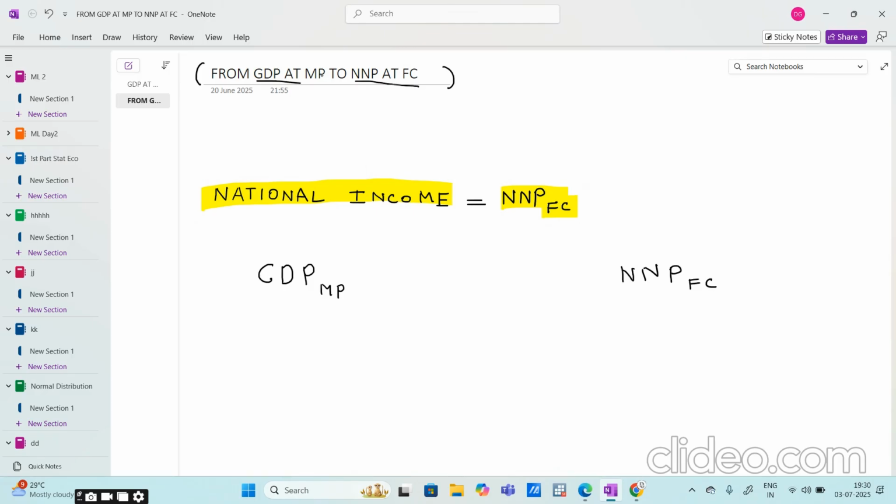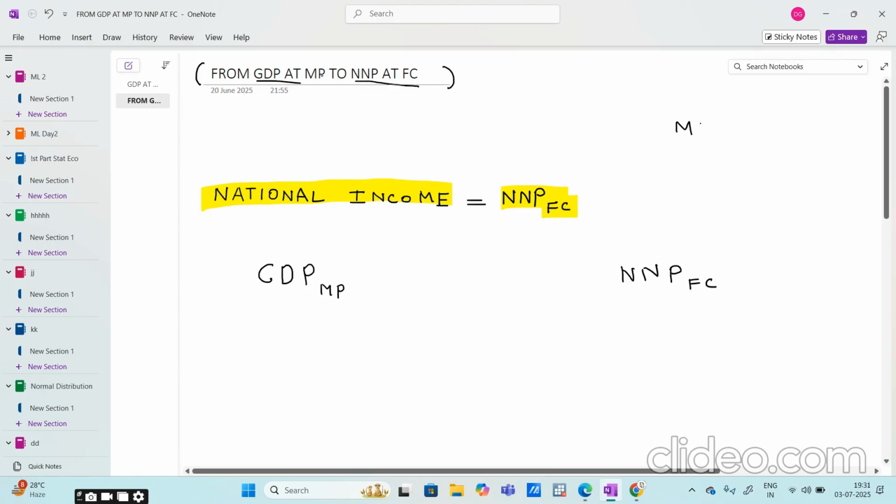Before that, I am going to explain the three methods of measuring national income, starting from the income method, then the product method, and the expenditure method also. But before explaining how to get NNP at factor cost from GDP at market price, let me explain some of the things.